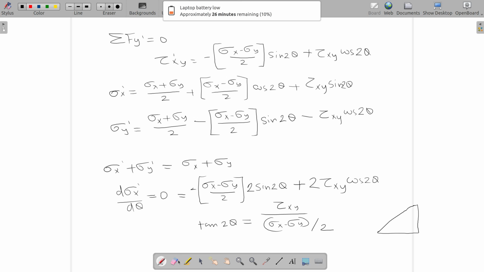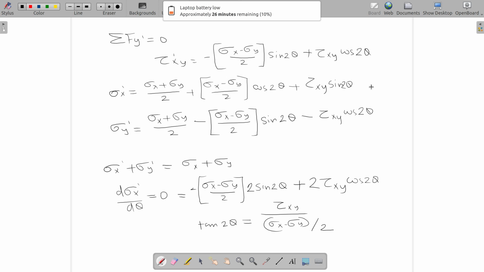That's a bit time consuming process. So what you'll do here is that we will put this value of theta back here in the equation, and we'll find out what is the maximum value of sigma x dash.